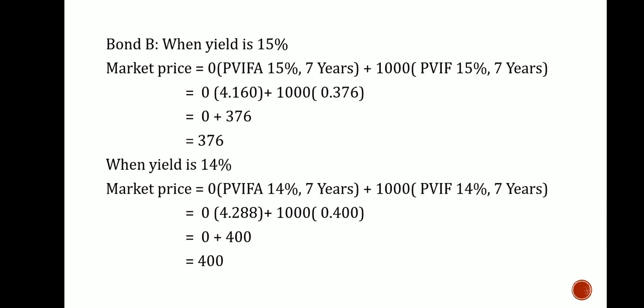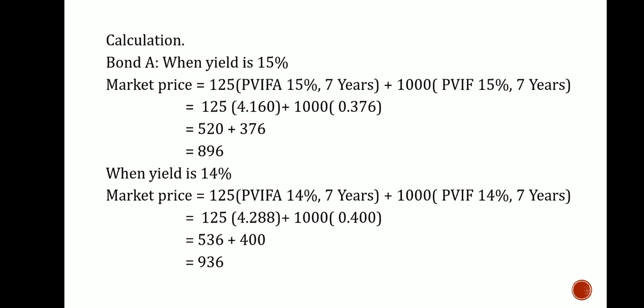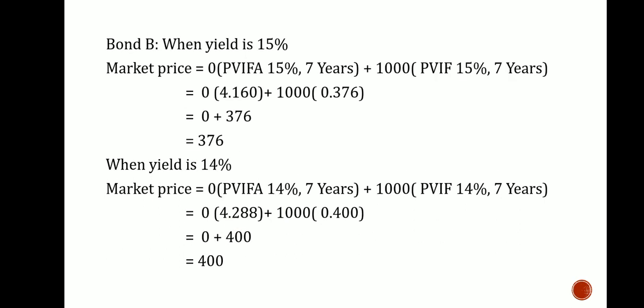Coming to bond B, we have coupon rate 0. So coupon amount is 1000 into 0. We have 0. Since the yield and maturity are same, we can use the same values from the present value interest factor annuity and 1 rupee tables, that is 4.160 and 0.376 for 15% yield, and 4.288 and 0.400 for 14% yield.